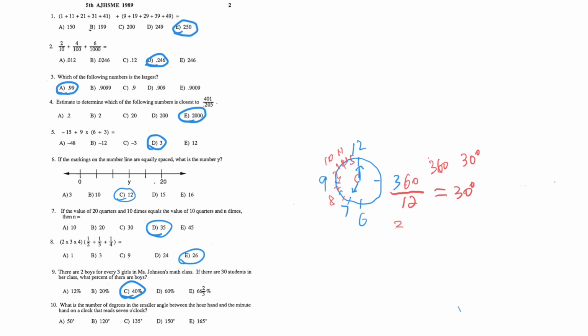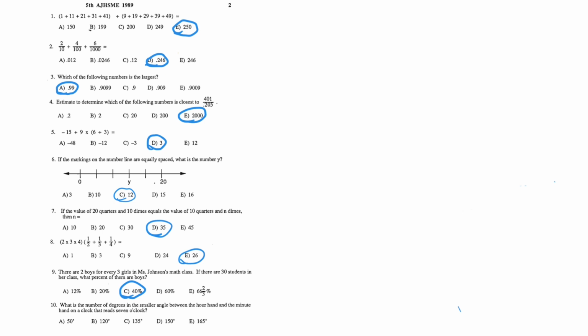So we use 30 times 5, that's 150 degrees. So the smaller angle is 150. That's the answer D.